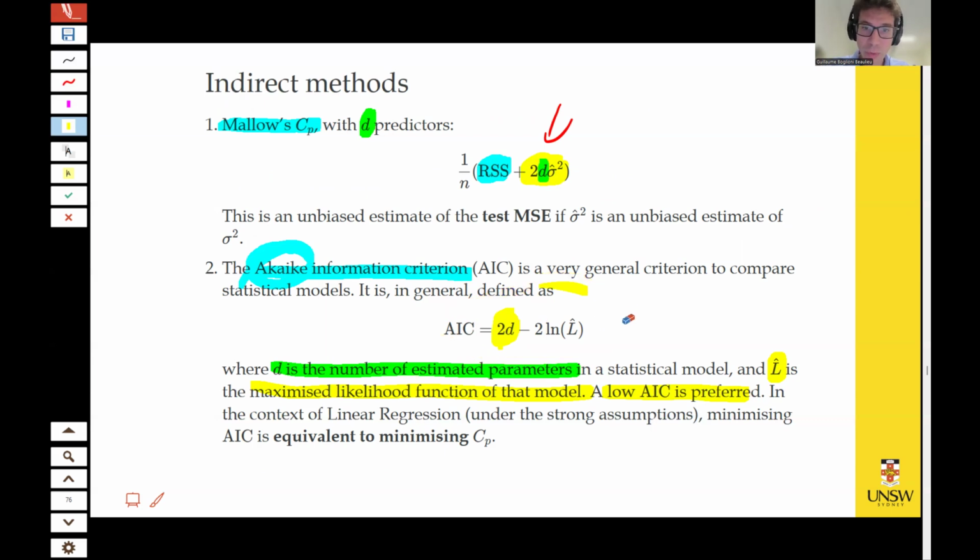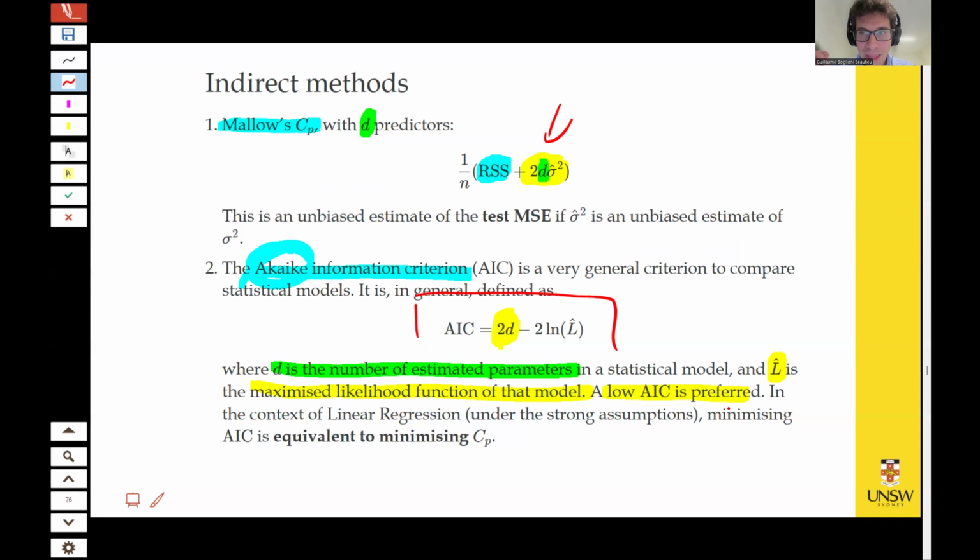So the logic is the same. You put a penalty in this criterion for adding unnecessary parameters to the model, for making the model more and more complex in the sense that it has more variables. Because again, you like parsimonious models with few variables that explain most of the trends in the data. This is the general definition of this Akaike information criterion.